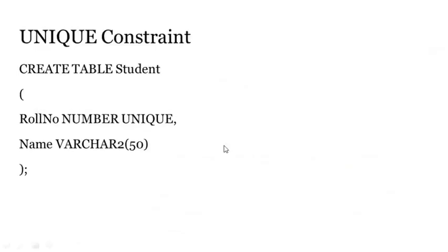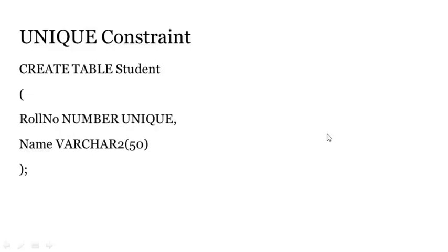Then the next type of constraint is unique constraint. Let us consider the example of the student table again. The unique constraint prevents duplicate values. Suppose every student has a unique roll number in the class. So this is the syntax for how we can represent the unique constraint for the roll number attribute.